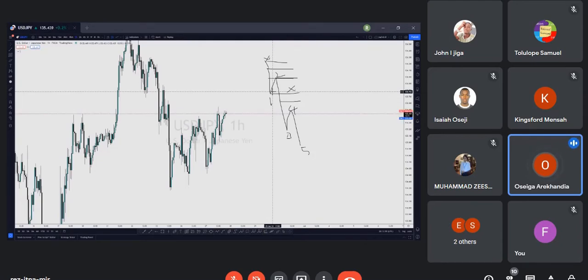Then wave 3 is also an impulsive wave and the longest of the waves. Wave 4 is a retracement that doesn't get to the region of wave 1, moves into equilibrium or below equilibrium of the third wave. Am I correct?